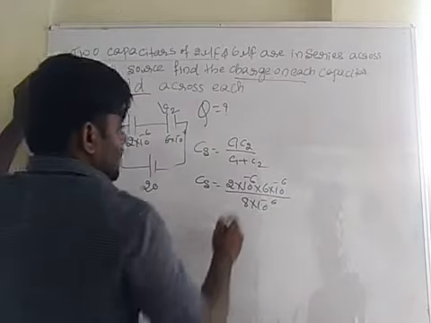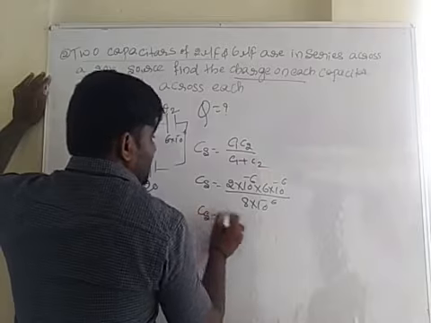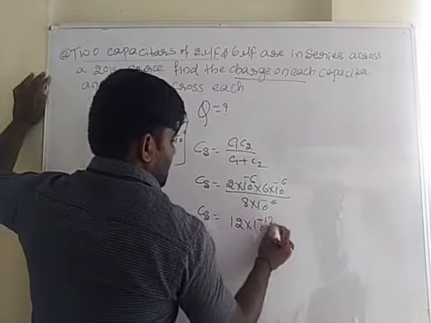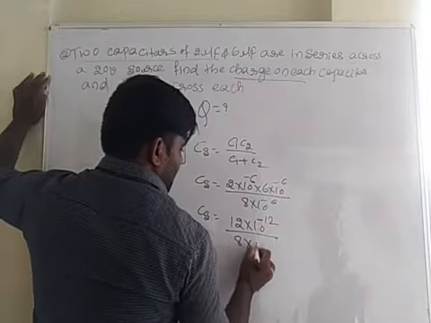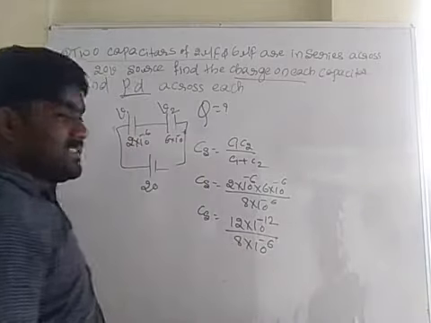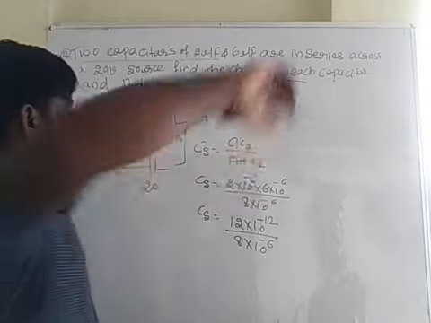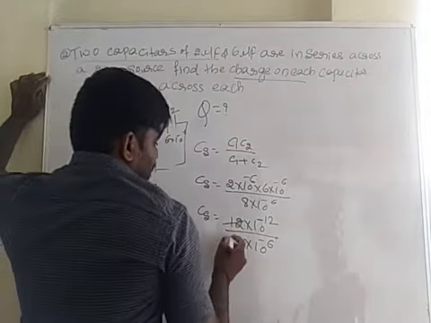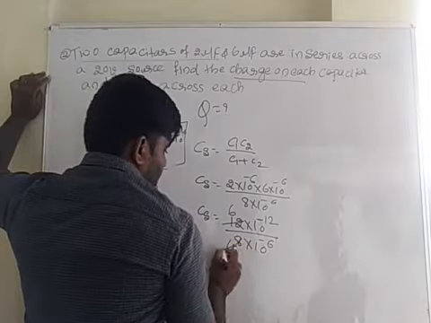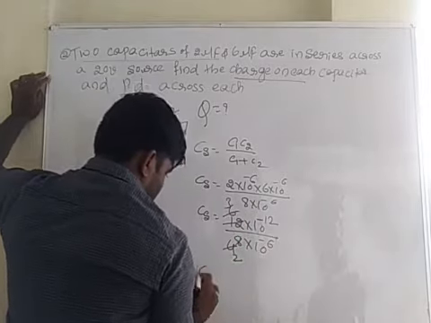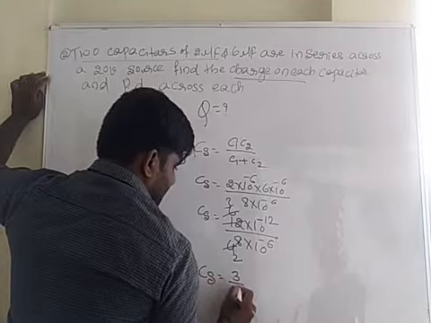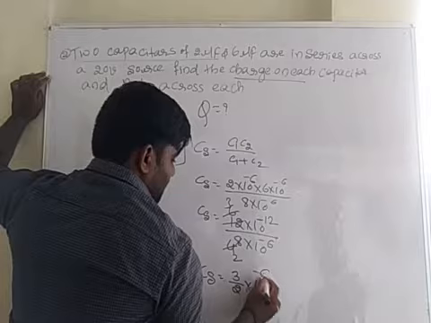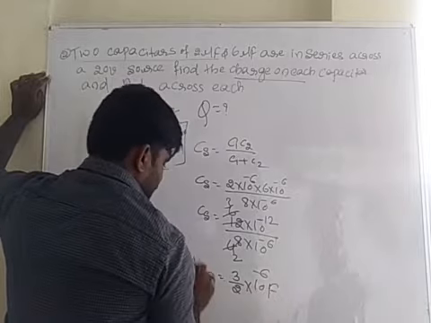So CS is equal to 12 into 10 to the power minus 12 divided by 8 into 10 to the power minus 6. So finally, how much are we getting here? 2 6s are 12, 2 4s are 8, so CS is equal to 3 divided by 2 into 10 to the power minus 6 farad.